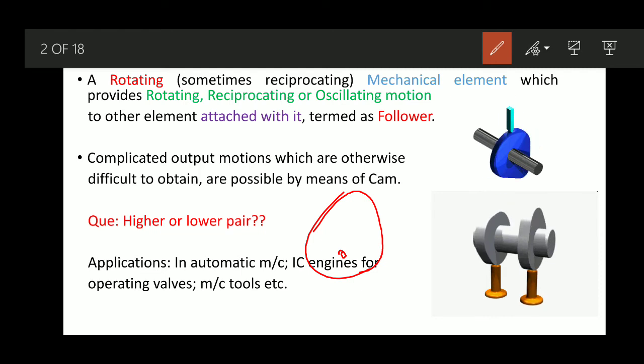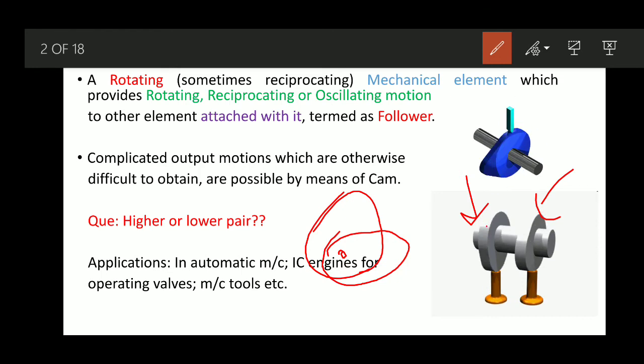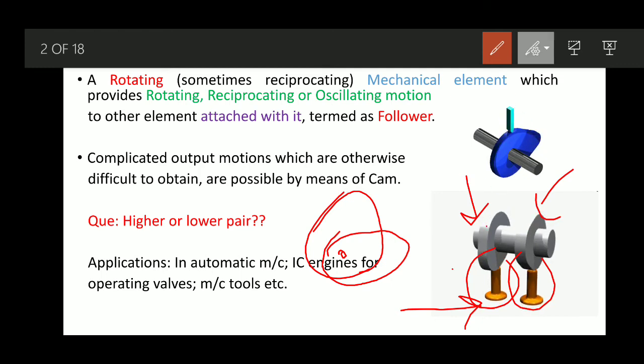Okay, but if you look properly, they are positioned in a different way. Suppose one position is something like this, another is at this particular location, like this. In that case, look at the operation or movement of this particular follower, which you can consider as if it is operating a valve.